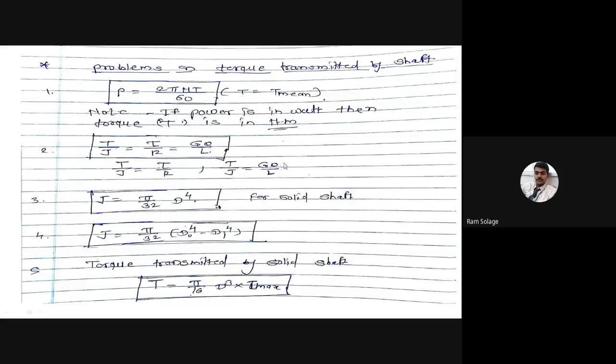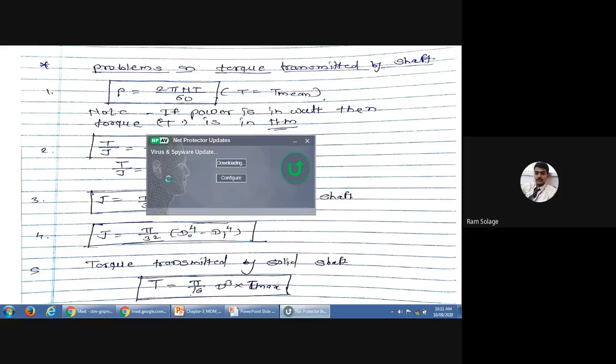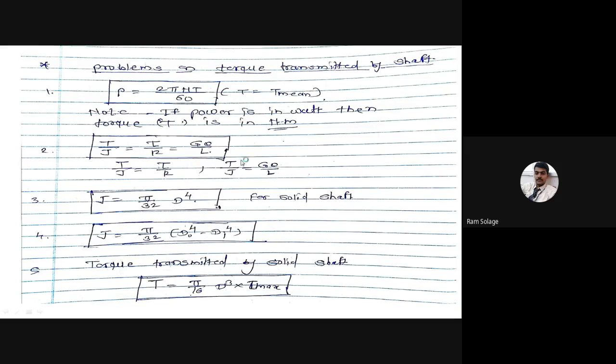Below, they have mentioned T upon J is equal to tau upon R, and T upon J is equal to G theta upon L. T is the torque or twisting moment, J is the polar moment of inertia, tau is the shear stress, R is the radius of the shaft. In some problems they do not mention the radius R directly, so instead of that we take R is equal to D by 2, meaning they mention the diameter in the problem.